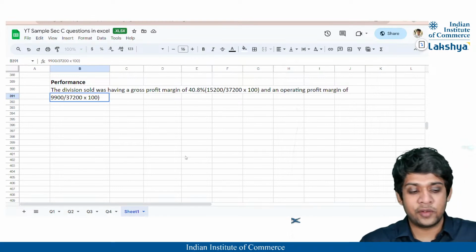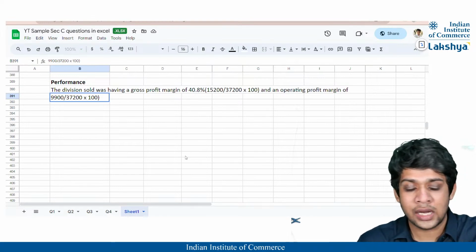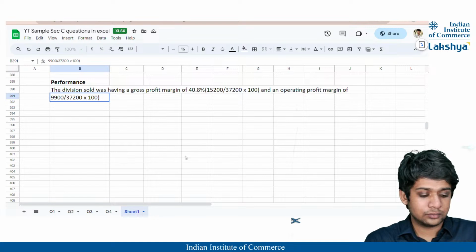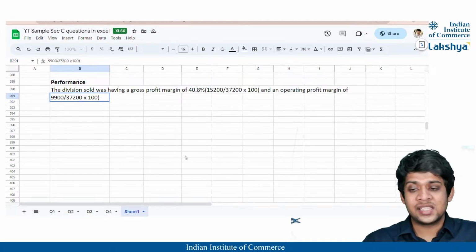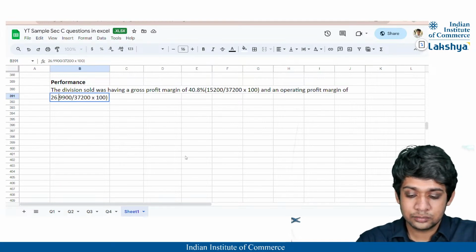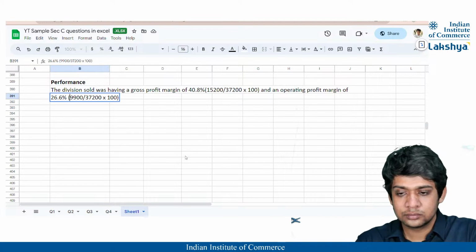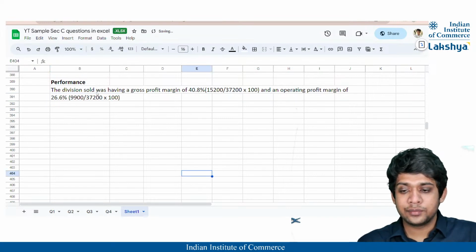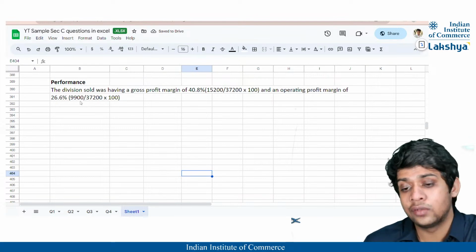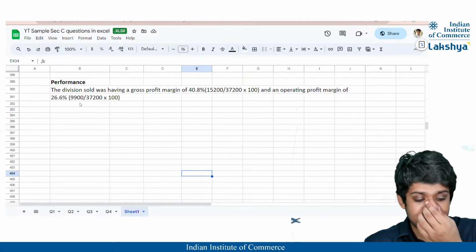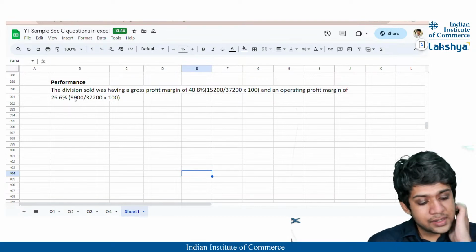So what is the operating profit margin, guys? 9,900 divided by 37,200 into 100 will give you 26.6%. So you have stated that the division which is sold off had a gross profit margin and an operating profit margin as stated here, guys.